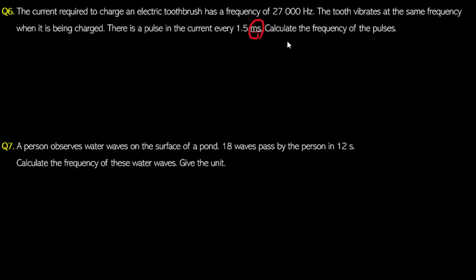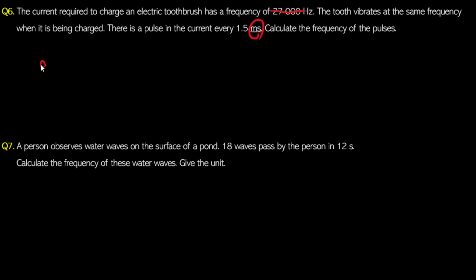Calculate the frequency of the pulses. In physics, the questions will sometimes give you information which is not necessary, and you should be able to ignore it. Right now, it's asking you to calculate the frequency of the pulse, and they already told you the time period for the pulse, which is 1.5 milliseconds, so there's no need for this information.